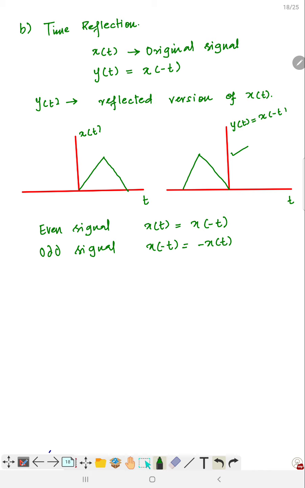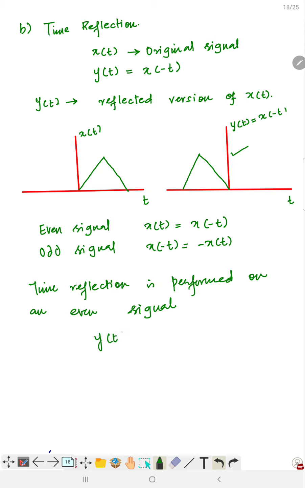Which means if time reflection is performed on an even signal, there will be no change. Because once you perform time reflection, you are basically doing the operation y of t is equal to x of minus t. But for an even signal, x of minus t is equal to x of t. So even signals are the same as their reflected versions.